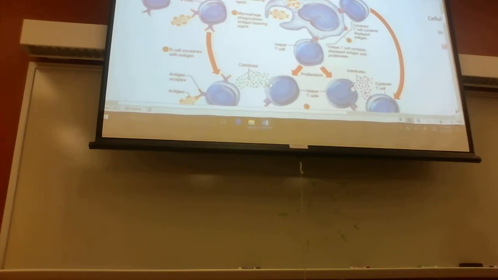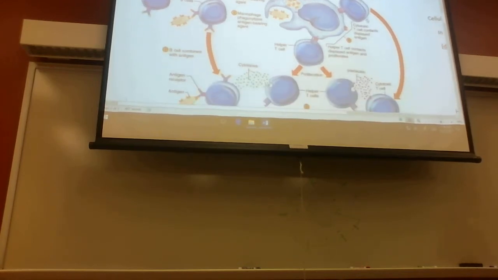At the same time, as your helper T cell attaches, in step 3, your cytotoxic T cell will then attach to the antigen on the antigen-presenting cell. Your cytotoxic T cell is inactive, but it's aware. It's aware of the threat. It's like, hey, yeah, there is something here. However, it will then wait. That's what this arrow represents. It'll wait to be activated.